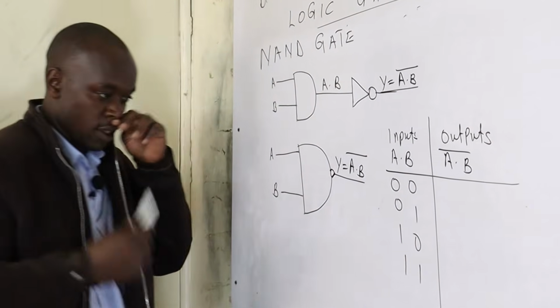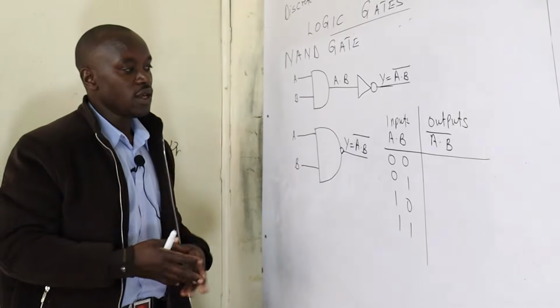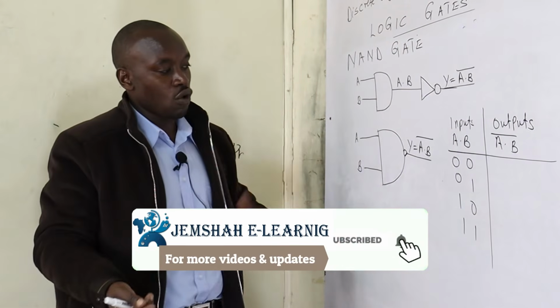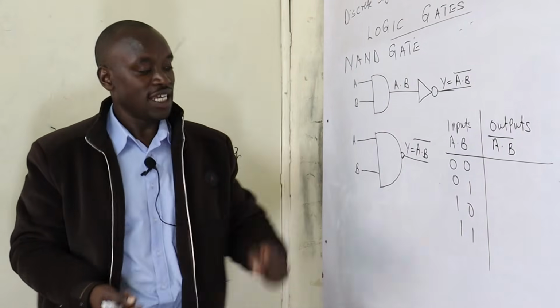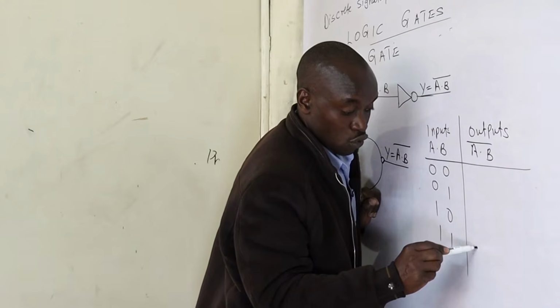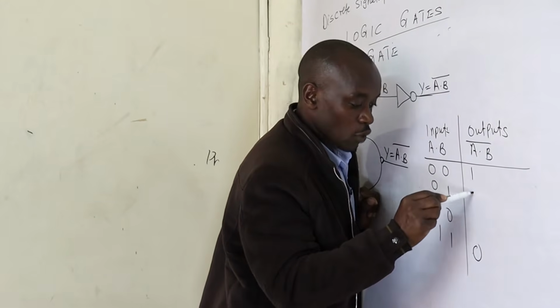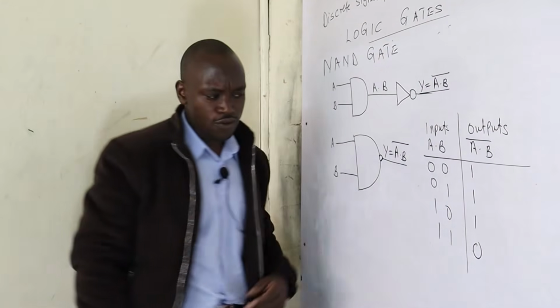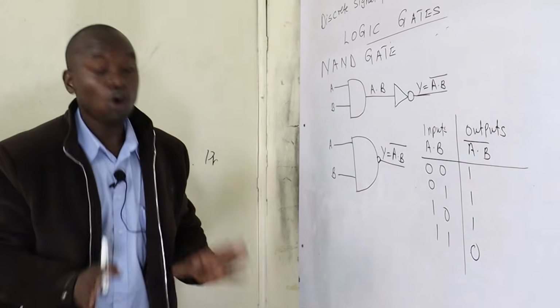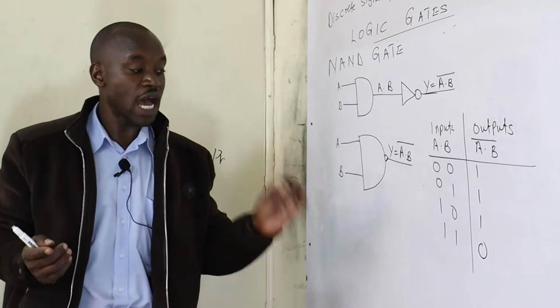For easy understanding, since the output of a NAND gate is the opposite of an AND gate, here it will be 0 because for the AND gate here it was 1, and the others will be what? Ones.